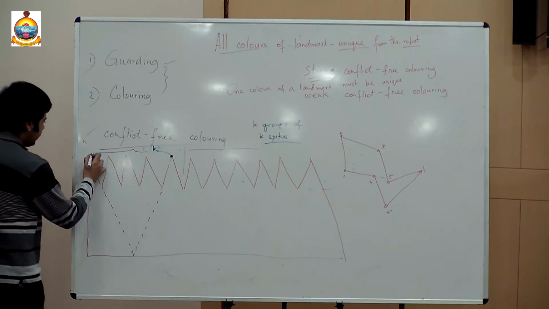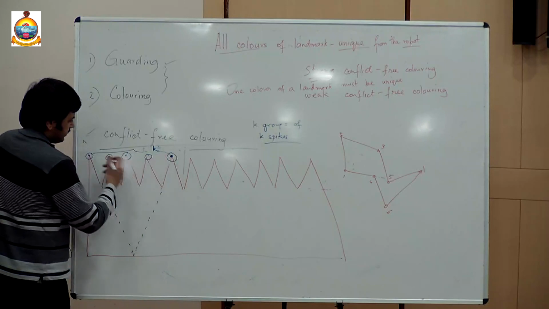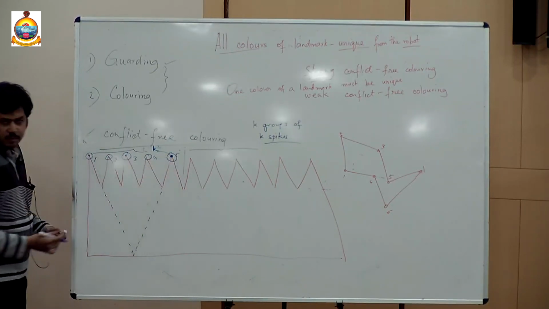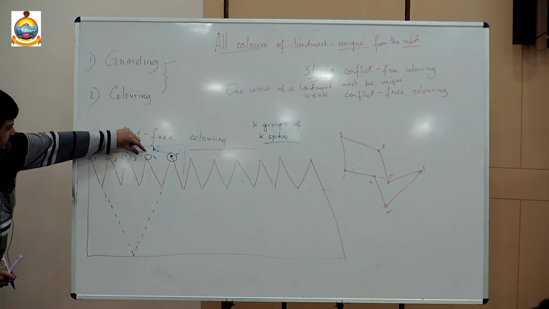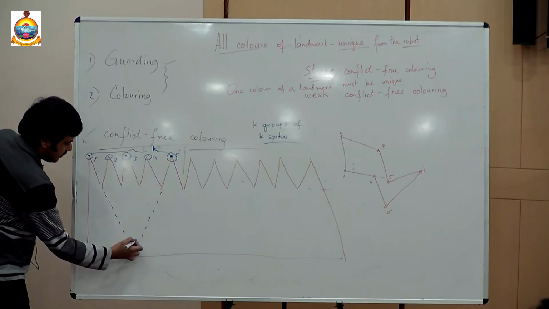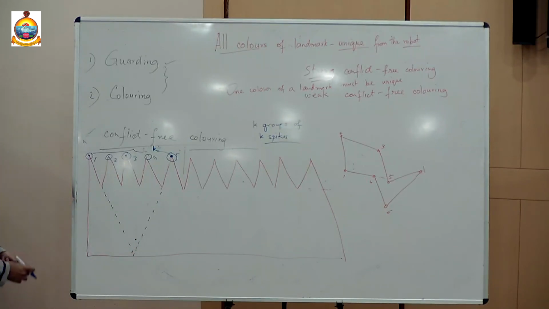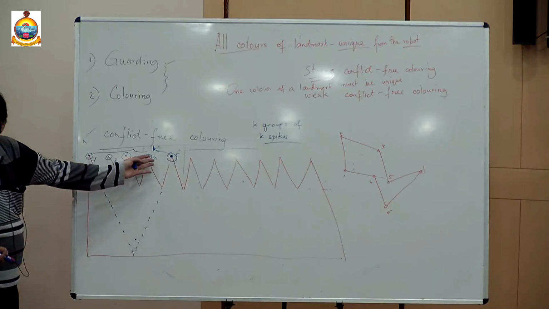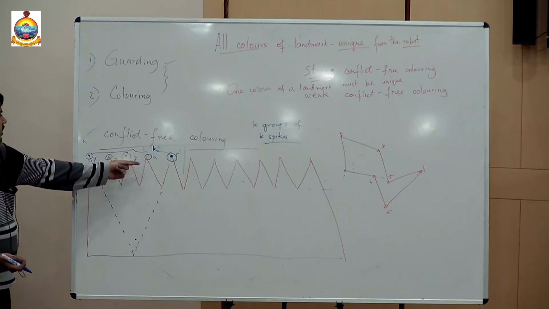Yes, of course. All of these need unique colors 1, 2, 3, 4, 5. Because if any of the guards guarding the spikes have the same color, then there will be some conflict below. Or you could say, why do I need to put guards here?